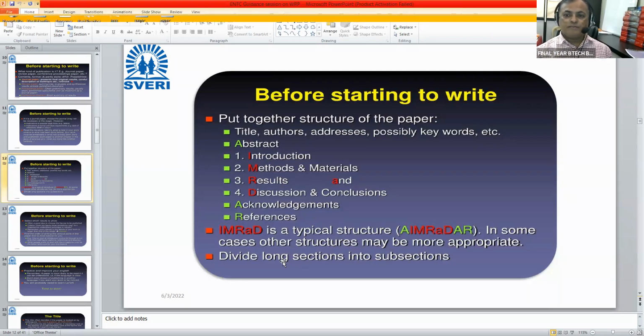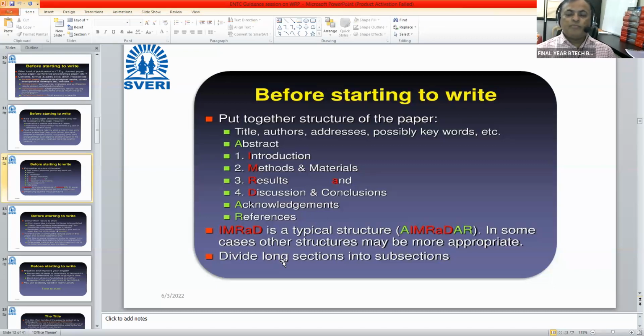Second, authors. Just below the title, you have to write down the names of the authors, affiliation of the authors. It may be address, email IDs. Then after that, you also have to write down the keywords of the paper. Now, what keywords mean is that you have to find out 5 most important words you have used in the paper. Those are called the keywords.